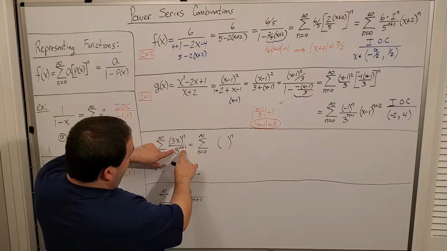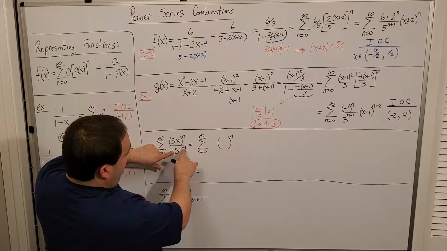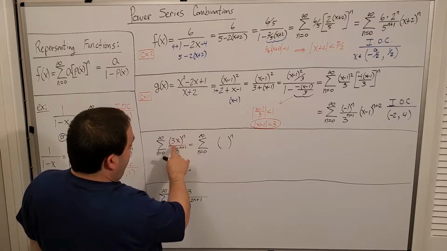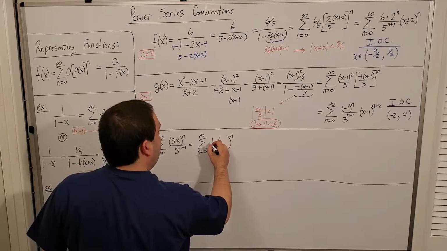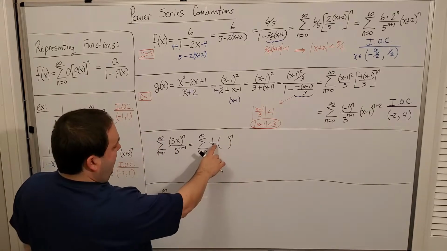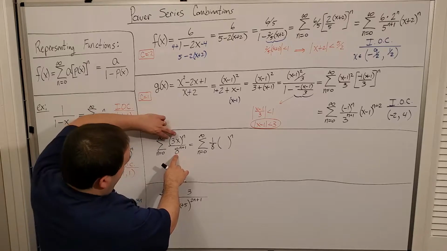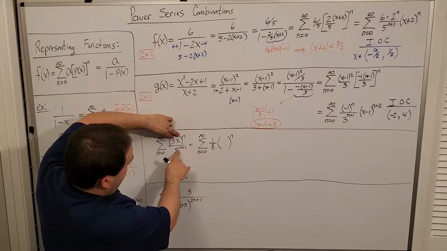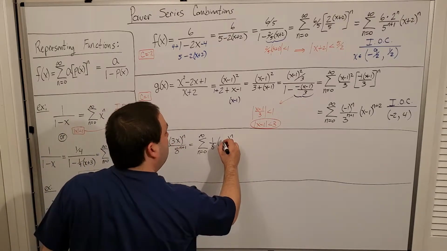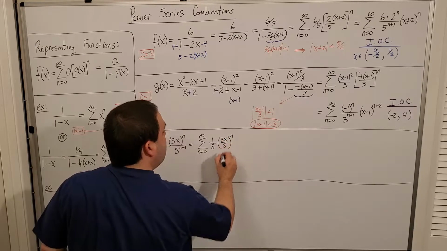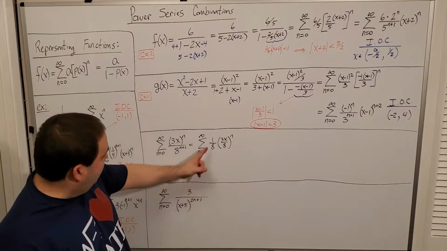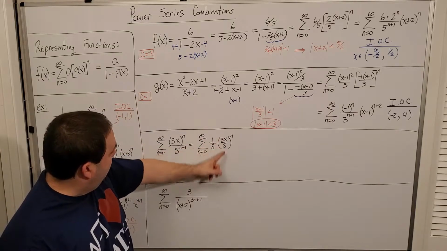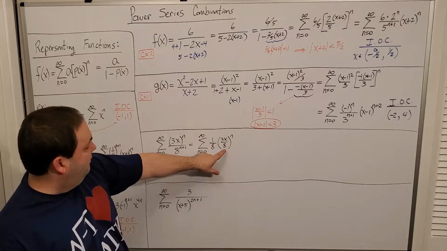So I'm noticing that I have an extra 8 with that plus 1 there and nothing else. So that means I have a 1 over 8 out here because that's the extra 8. And then I have 3x over 8, all to the n power. So now I can see what my a and my r are, or in other words, my function f of x.